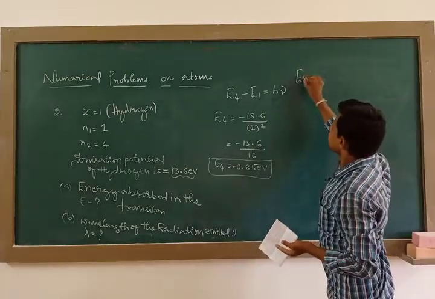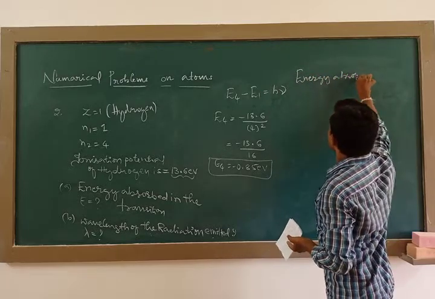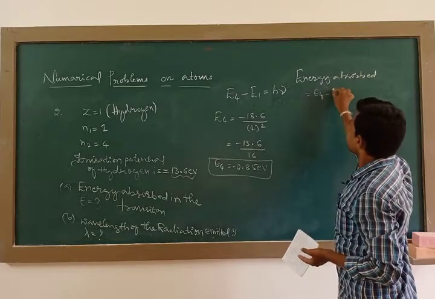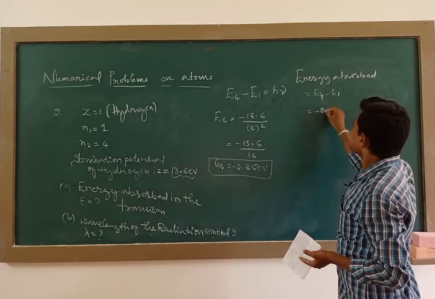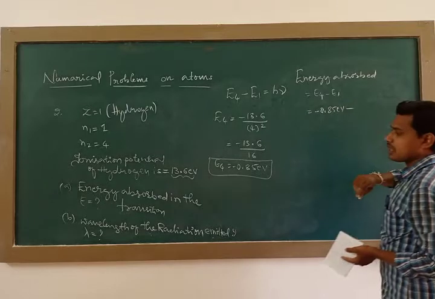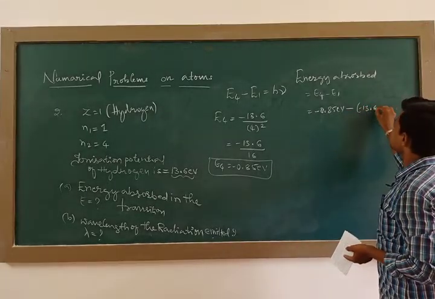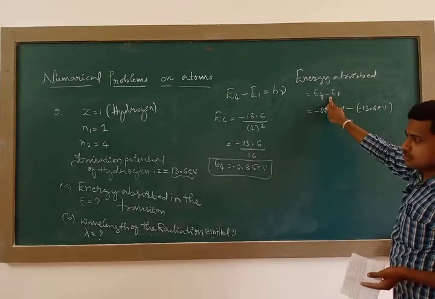Since energy absorbed is equal to E4 minus E1. What is E4? Minus 0.85 electron volt minus of minus 13.6 electron volt, because E1 is minus 13.6.